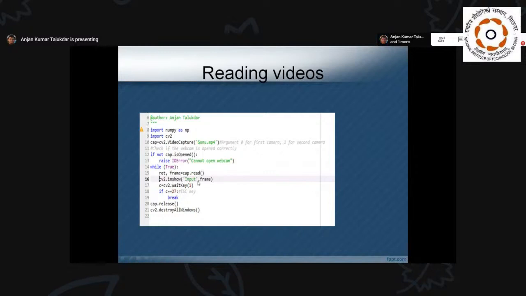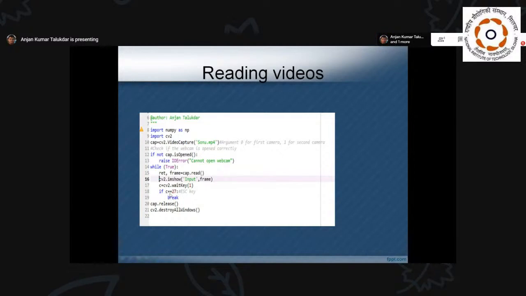Then you display the frames one by one, and you can use cv2.waitKey(1), which means waiting for 1 millisecond, so one frame will be displayed for 1 millisecond.